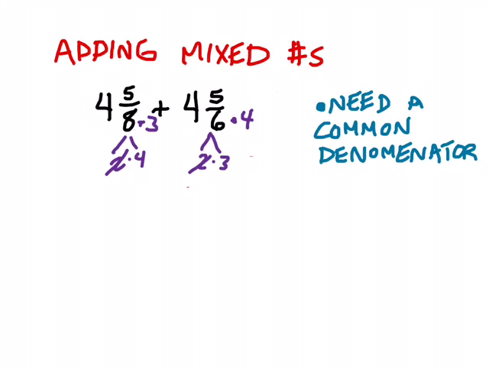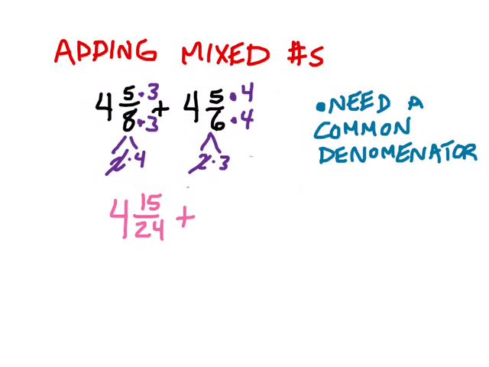So multiply the 8 times 3, now I'll multiply the 5 times 3 as well. Multiply the 6 times 4, I'll multiply the 5 times 4 as well. And that gets me my common denominator, which in this case is going to be 24. So let's rewrite this problem. 4 5/8 will be 4 and 15/24ths.